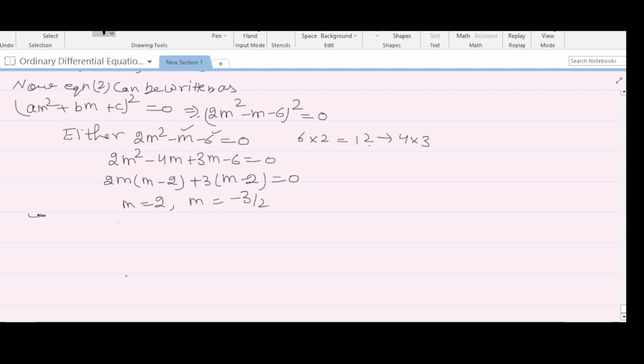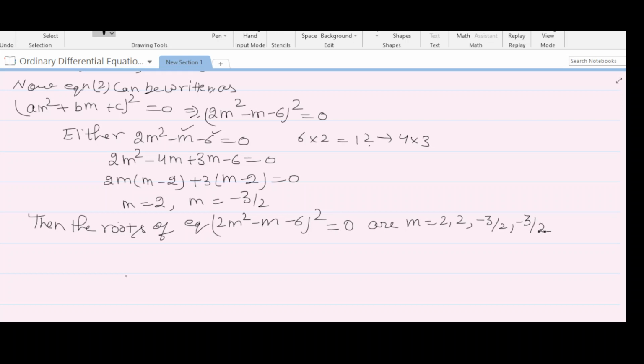Then the roots of the equation (2m² − m − 6)² = 0 will be m = 2, 2, −3/2 and −3/2.